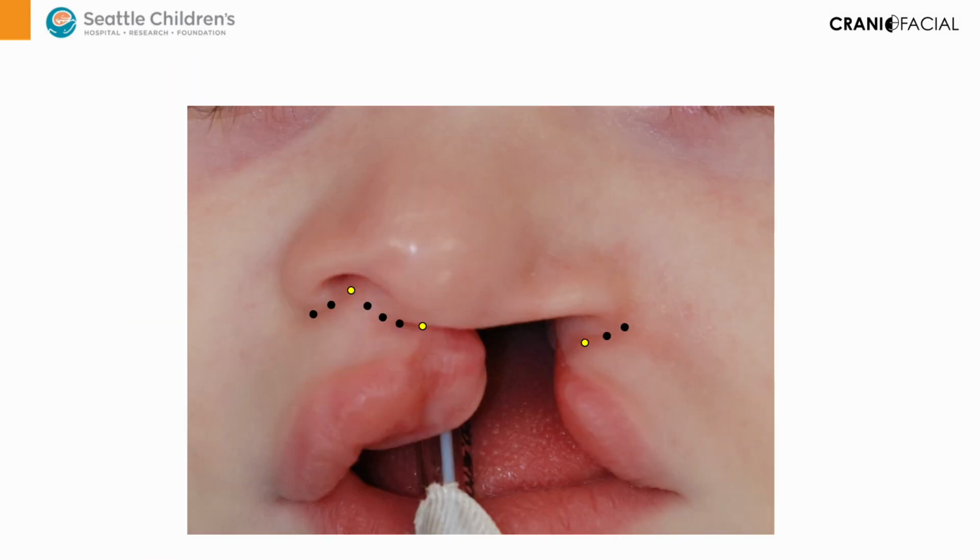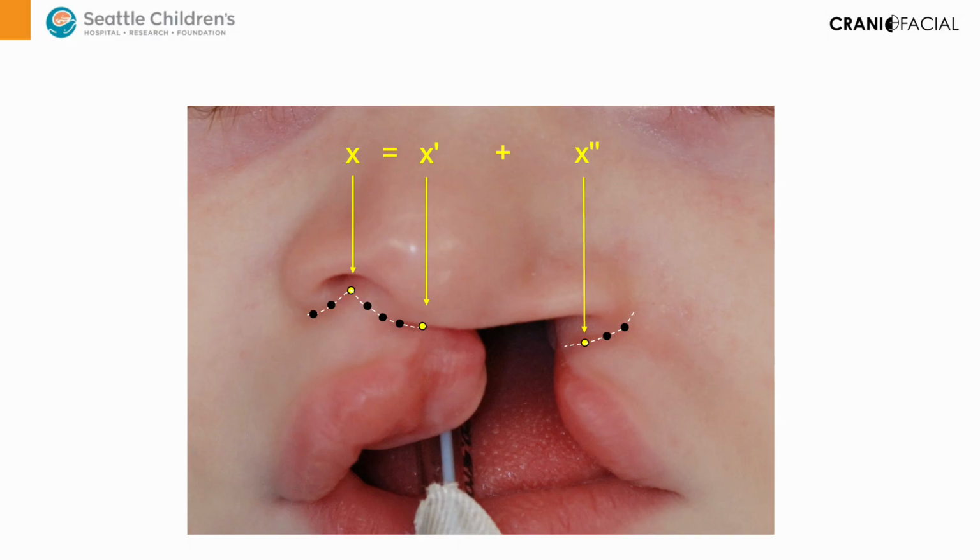Again, we identify landmarks at the base of the nose, with the intersection on the non-cleft side defining how we figure out where these 2 points of closure along the nasal sill on the cleft side ought to be.